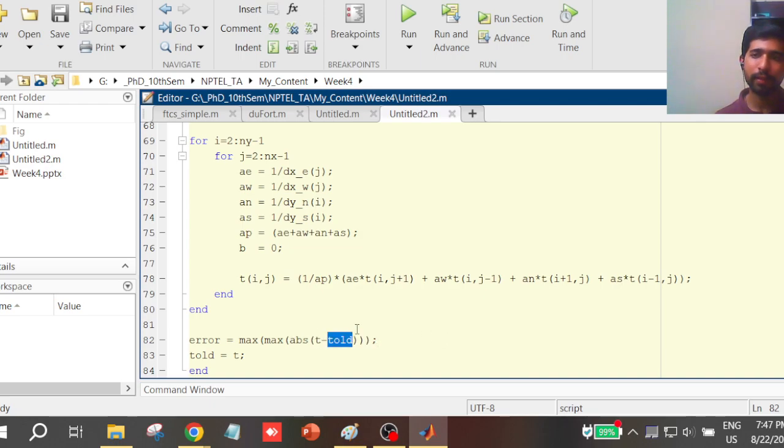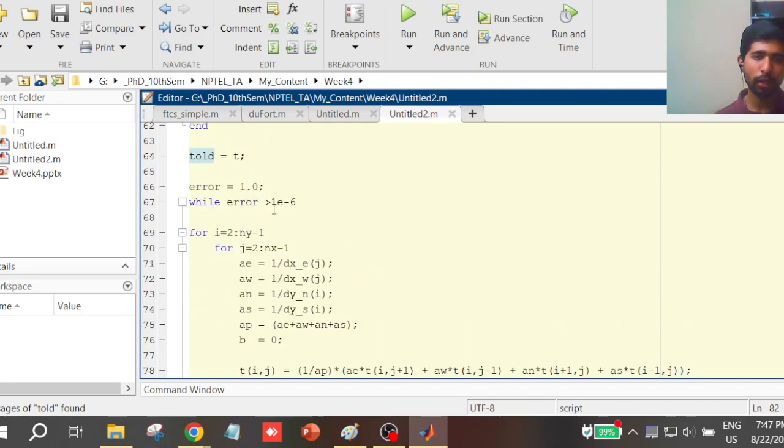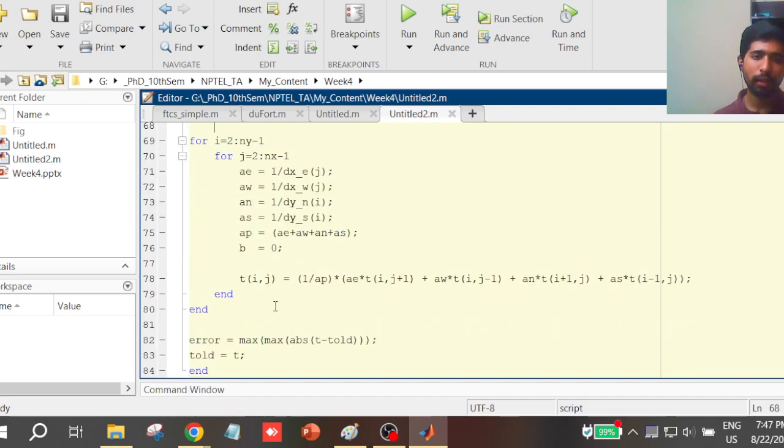T old is the previous iteration temperature. Now if the difference between the two iterations is less than 10 raised to the power minus 6, then the loop will get exited. Otherwise this while loop will go on till we reach an iteration wherein the difference between two iteration temperature values converges.